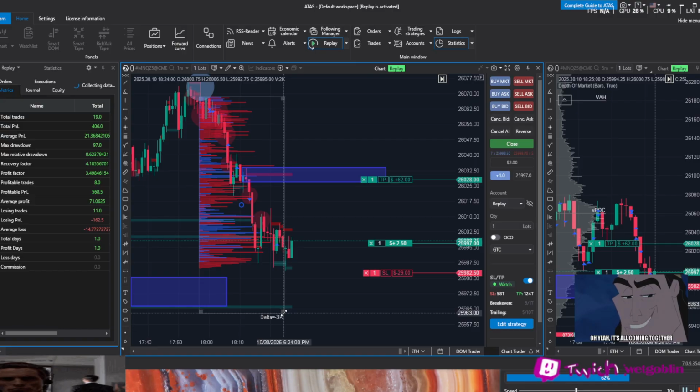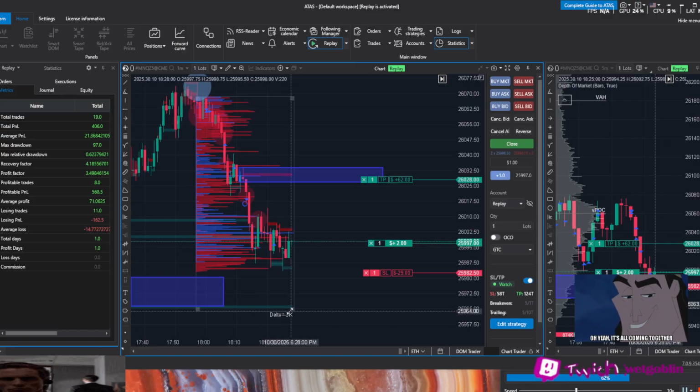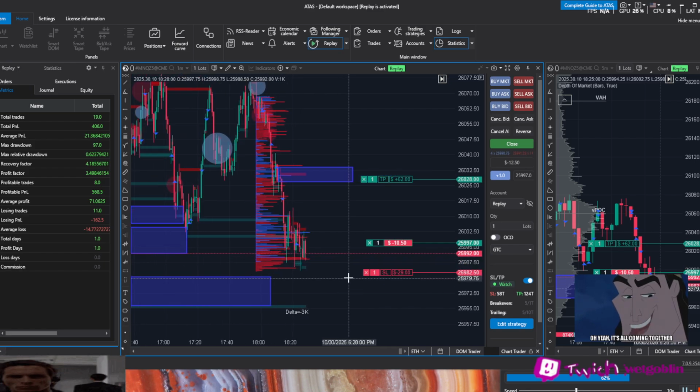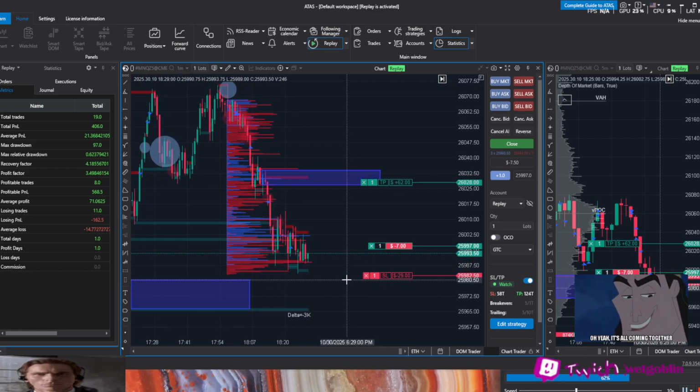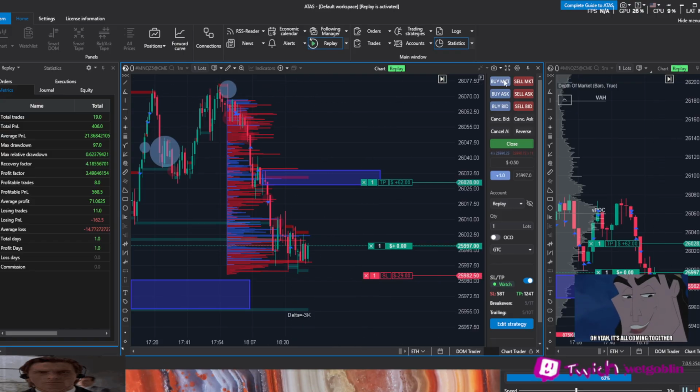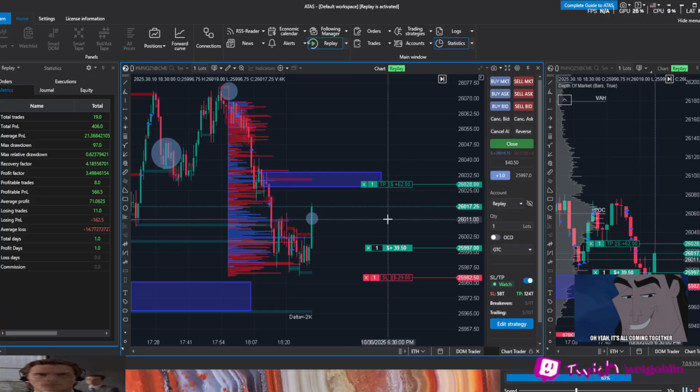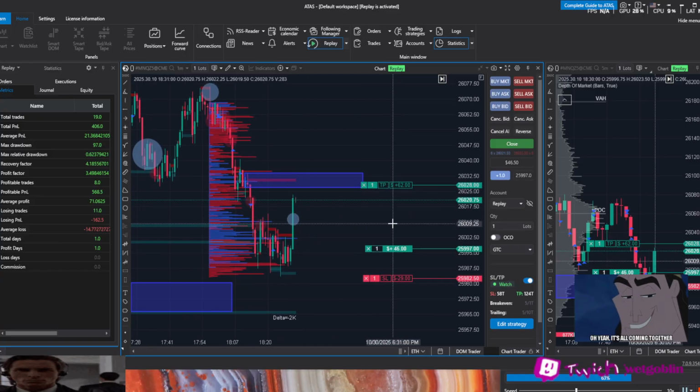They're defending this. You see how much the bid changed on the bottom of the profile? They're defending that. So either buyers are rewarded here or we get pushed out. And at the moment, we're getting rewarded.